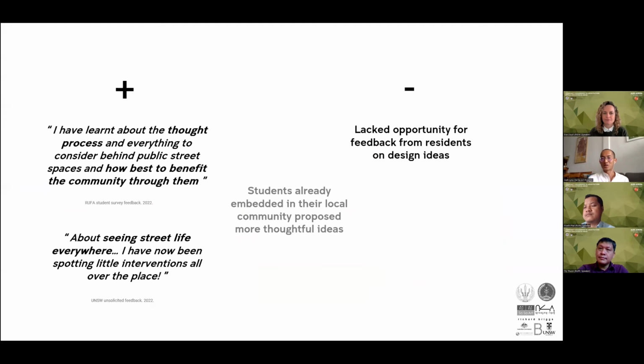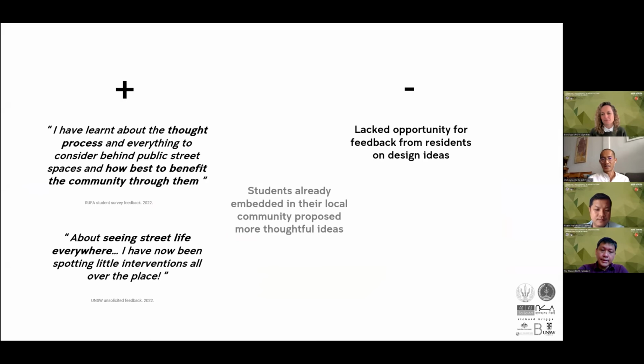Some students responded very well, and some less so, and we're starting to realize that it's this quality of the embeddedness of students in the local neighborhood that affects the quality of the intervention project they proposed.